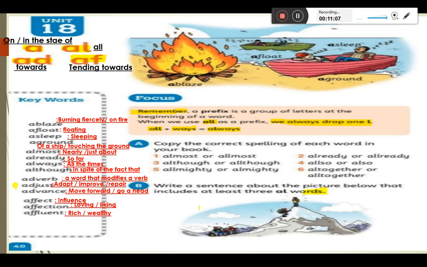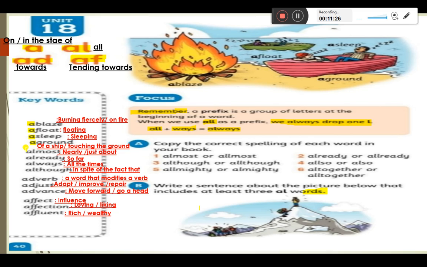Now, I want you to get ready with your highlighter, and let's highlight the prefix in each group of words. In the first group of words, the prefix here is a, like ablaze, afloat, asleep, aground.